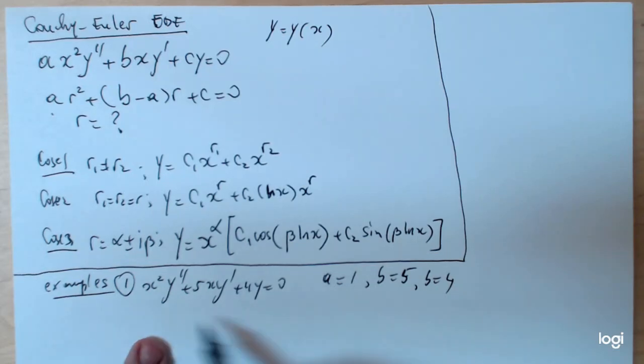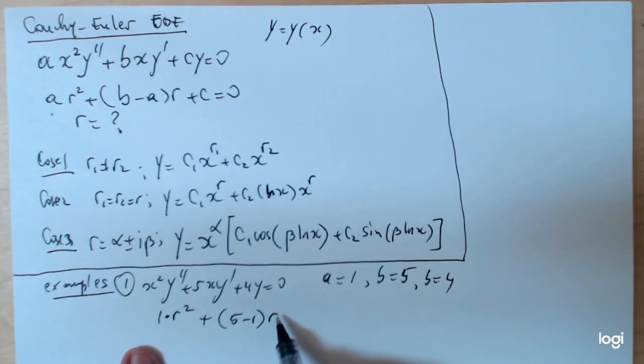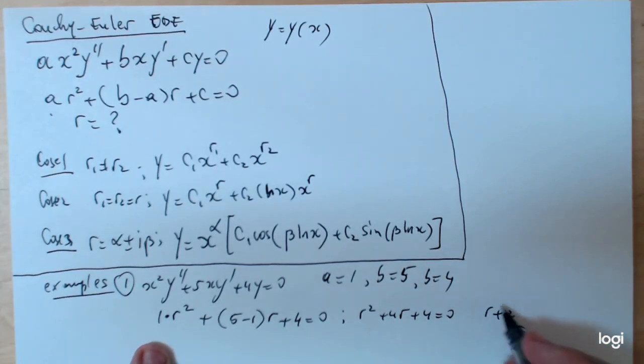Okay, so the characteristic equation would be a r squared, that's 1 times r squared, plus (b minus a), so it's 5 minus 1, r plus 4 equals 0. So r squared plus 4r plus 4 equals 0. We are in the double real root case, so that means r is minus 2.